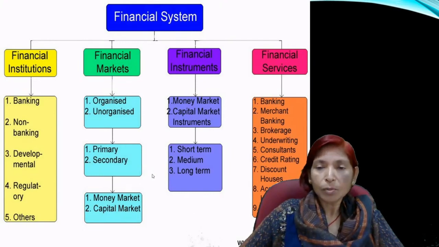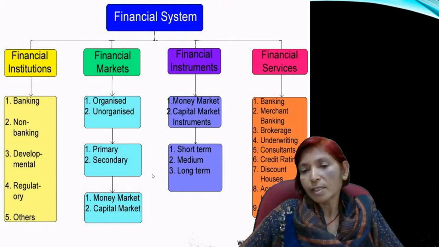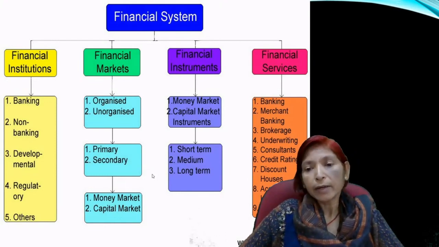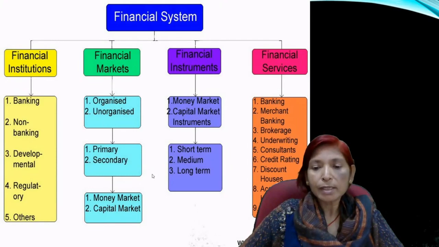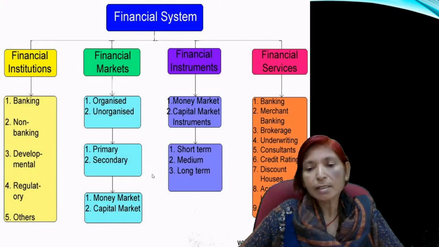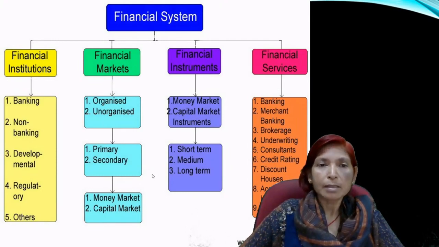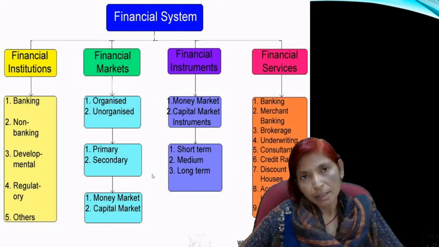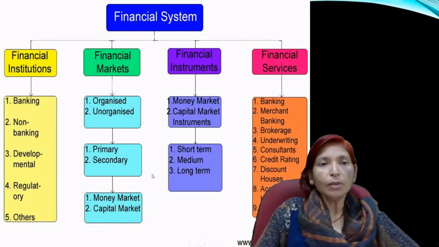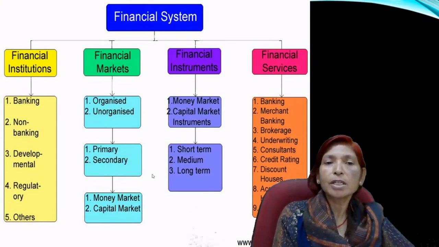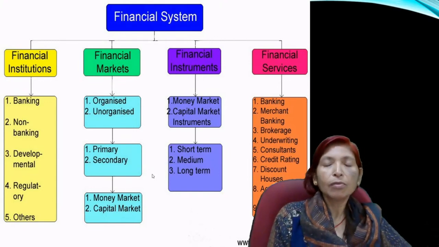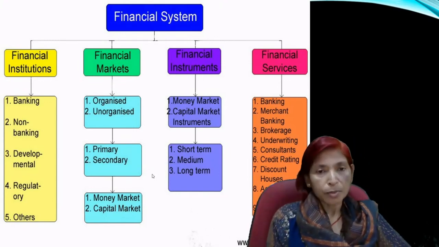So brokerage is also providing financial services, along with underwriting, consultants, credit rating, discount houses, acceptance houses, and market makers. All these provide financial services. So this is the whole financial system, which is classified into four main groups.